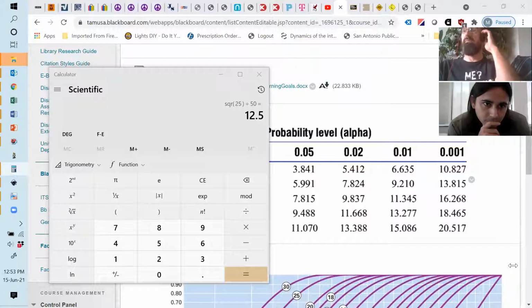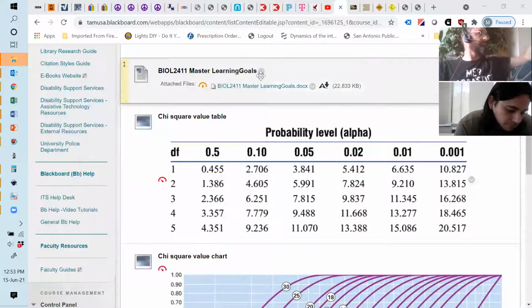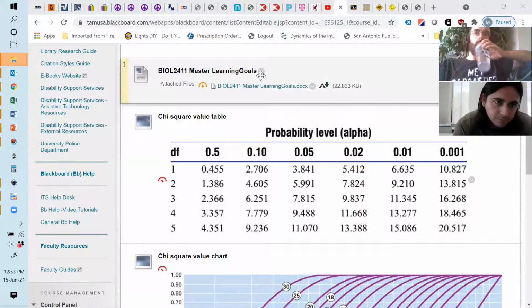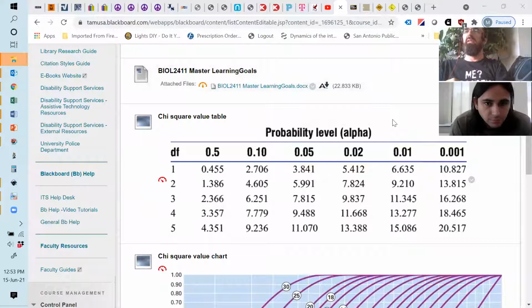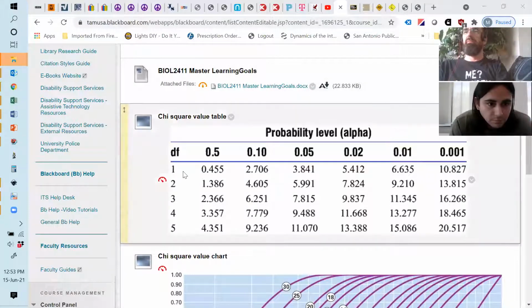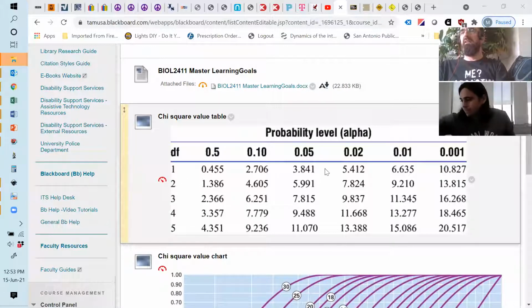What are the degrees of freedom in this test? Correct. Thank you, Rose. So now we go back to this chart. We're still on the first row, degrees of freedom 1. And now we look down here and we see, whoa, 25 is larger than the largest number.